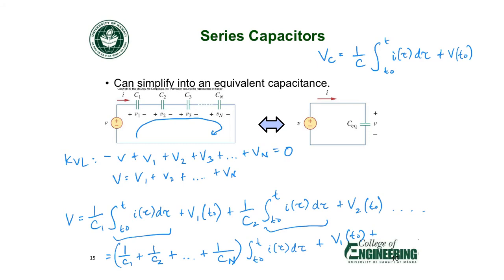The initial value of V1, initial value of V2, up to the initial value of Vn.